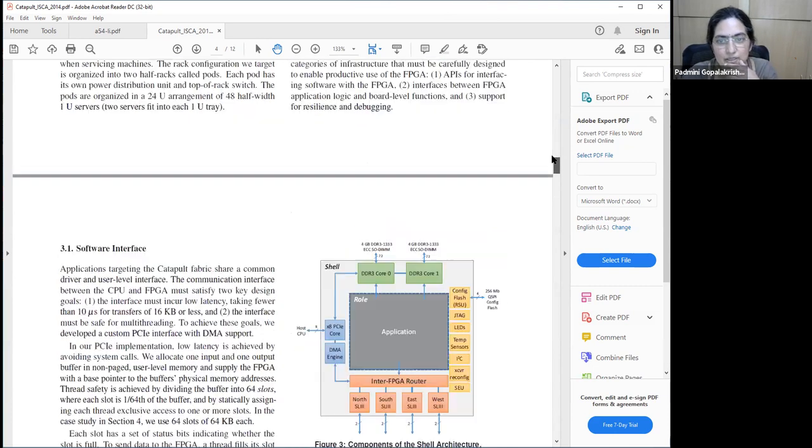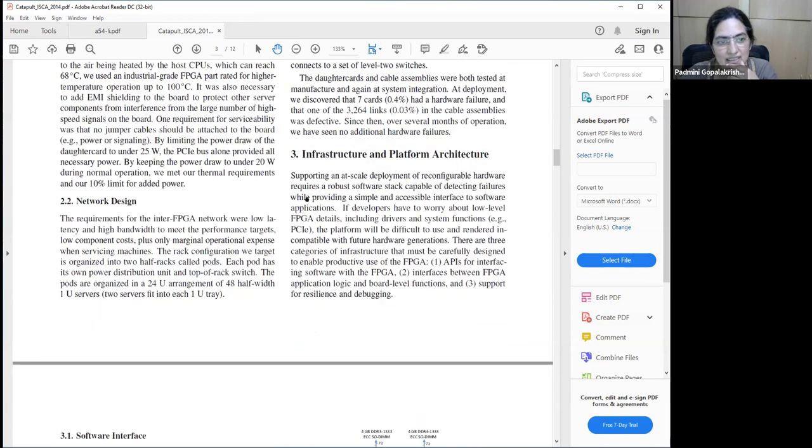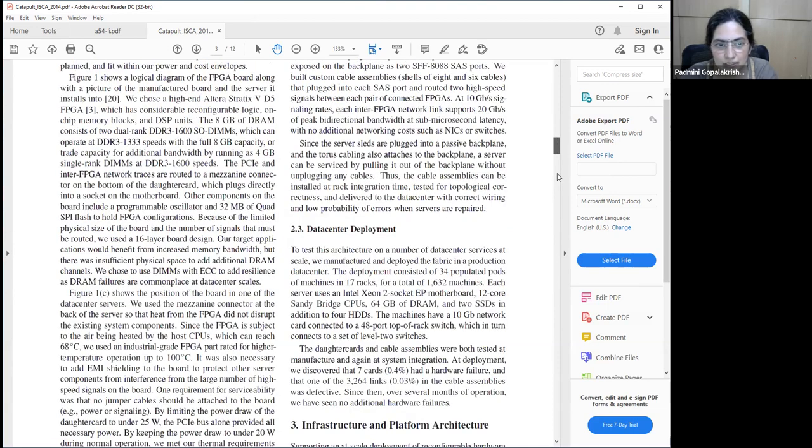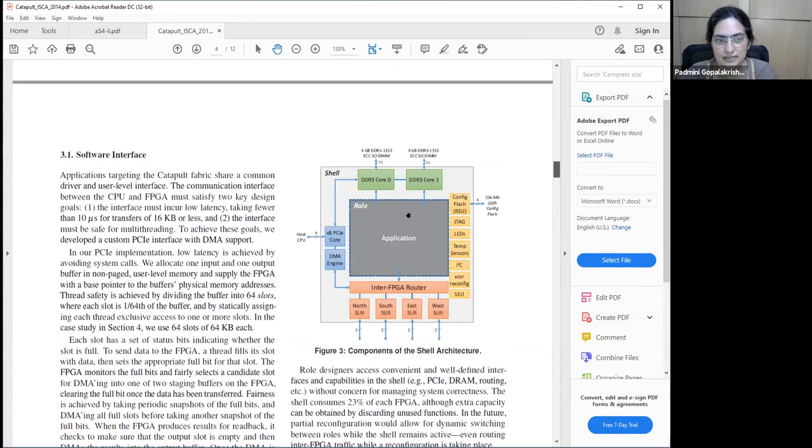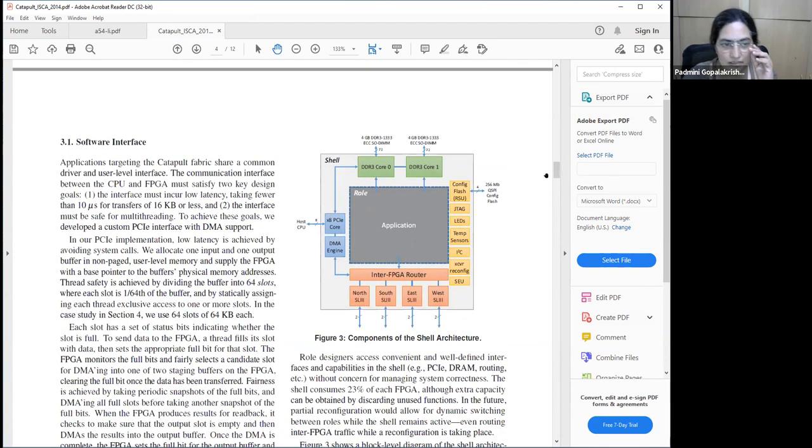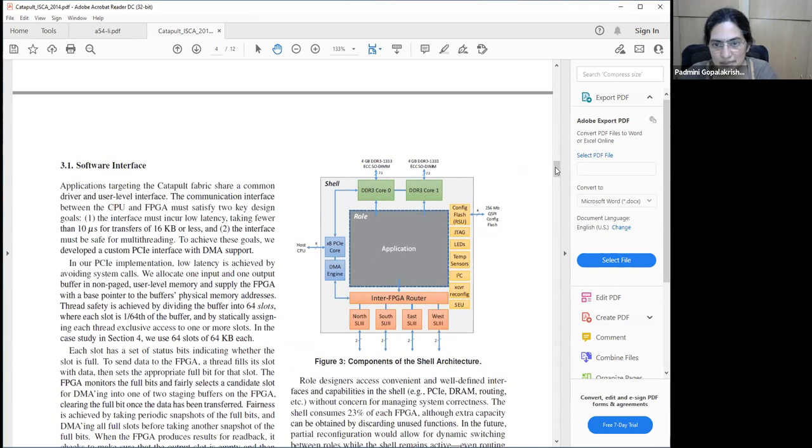Fine. So here, basically, let us look at this. Okay. So basically, here there are two goals that you want to satisfy for each FPGA, right?